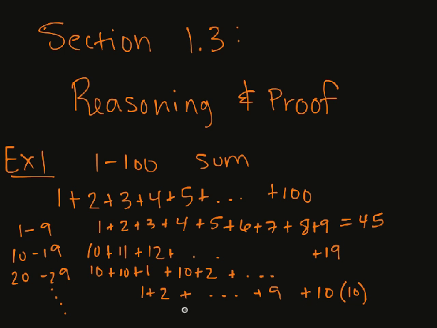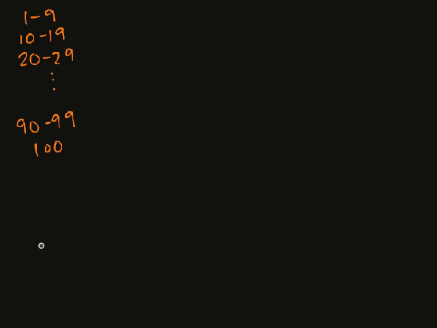So in this group, I have 45, the numbers 1 through 9, plus 100. So he thought to himself, I'm going to have 45 how many times? I'm going to have it for the 1s group, the 10s group, 20s, all the way up through the 90s. So there's 10 groups of those. So 450 counts all the single digits.